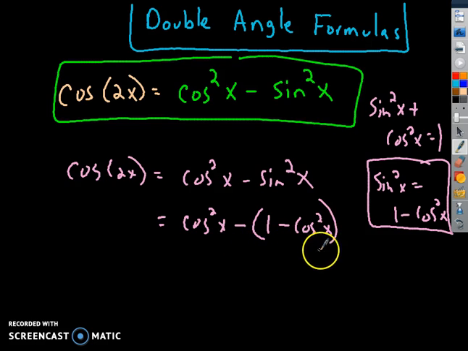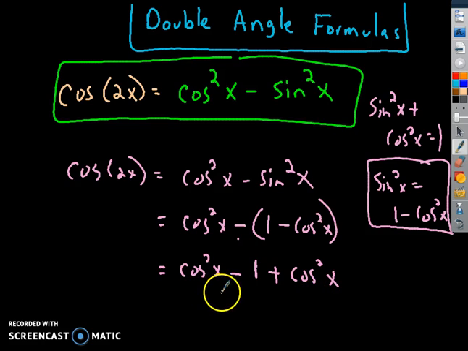I distribute the negative sign, making it cosine squared x subtract 1 plus cosine squared x, because the negative times the negative is positive. So we've got a cosine squared plus another cosine squared, which is 2 cosine squareds, so 2 cosine squareds subtract 1.